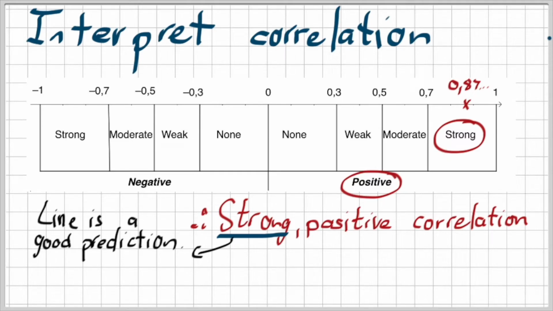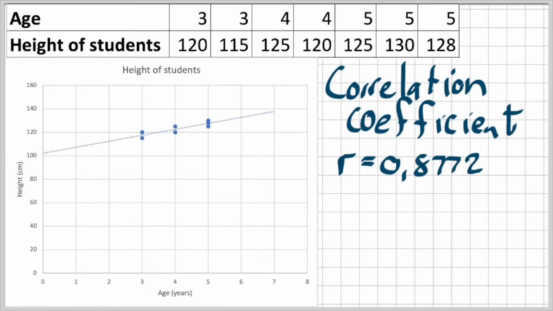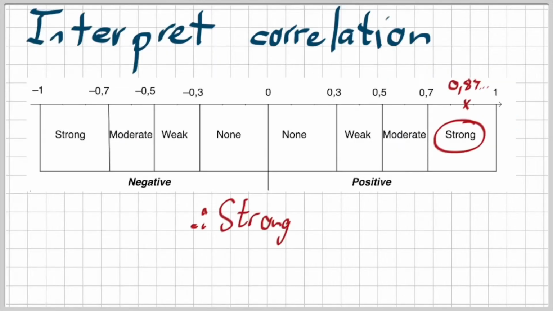So your line, if you look at this, ladies and gentlemen, let's just quickly go back to the previous slide. If I look at this line, look at how nicely it lies in between my data sets. So is it a good prediction? Yes, it is. Let's skip forward again. There we go.